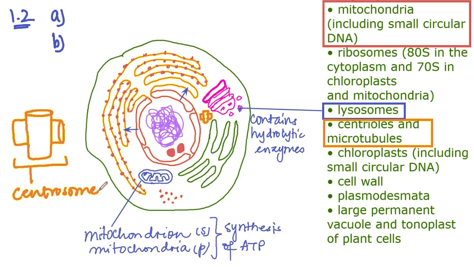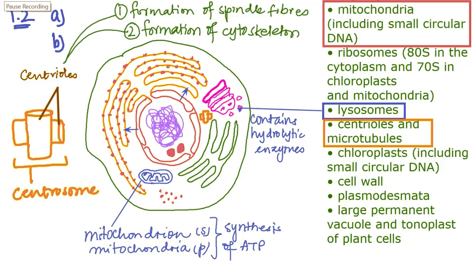The centrosome, made up of two centrioles, is involved in two major processes. Number one is the formation of spindle fibers during cell division, and the other is the formation of the cytoskeleton. The cytoskeleton is present inside the animal cell only, because remember that the centrosomes or centrioles are only present in an animal cell.